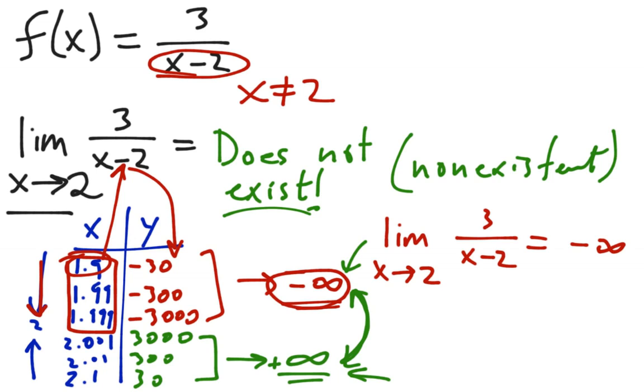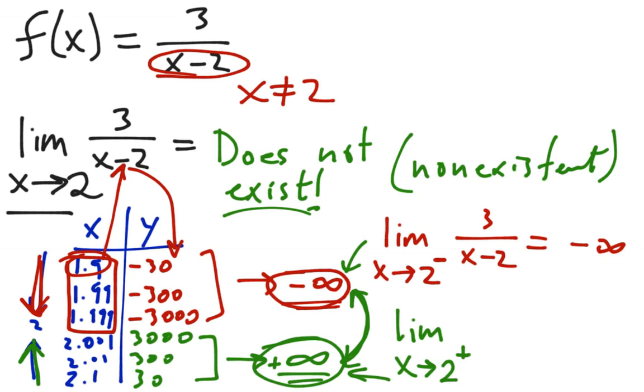The way we're going to distinguish that it's coming from the left, from the smaller side of 2, is by putting a negative sign right above the 2. Similarly, this limit was from the right of 2. So the way we write that is limit x approaches 2 from the plus side of 3 over x minus 2. And this limit equals positive infinity, like that.